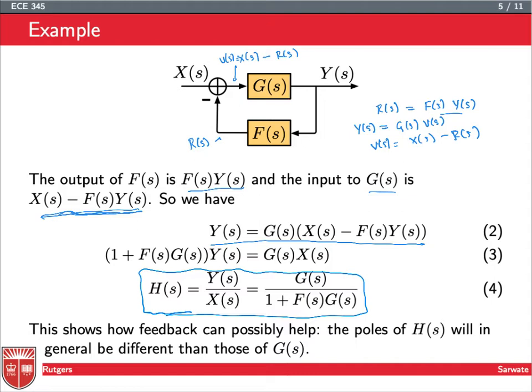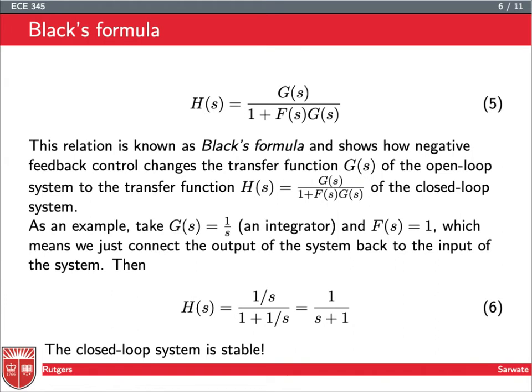And this explains how feedback can help, because in general the poles of this system are going to be different from the poles of G(s), and we hope that we can move the poles of G(s) over into the left half plane so that we can stabilize the system. So this relation is sometimes known as Black's formula.